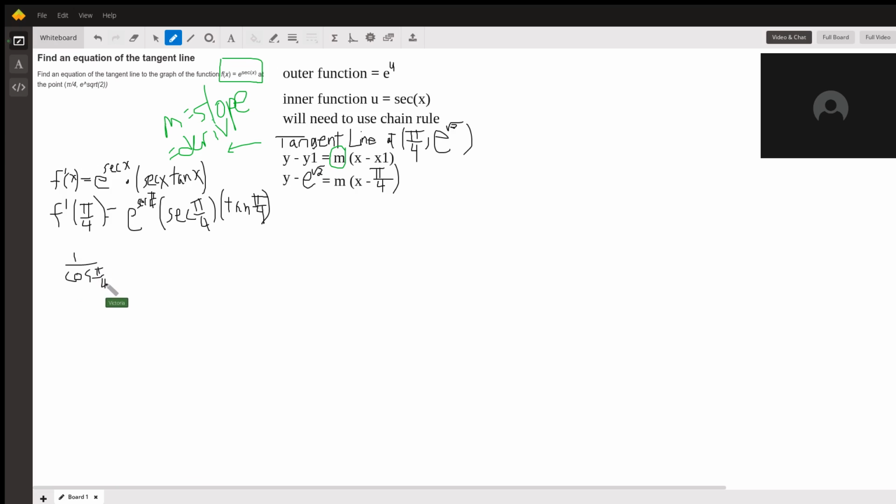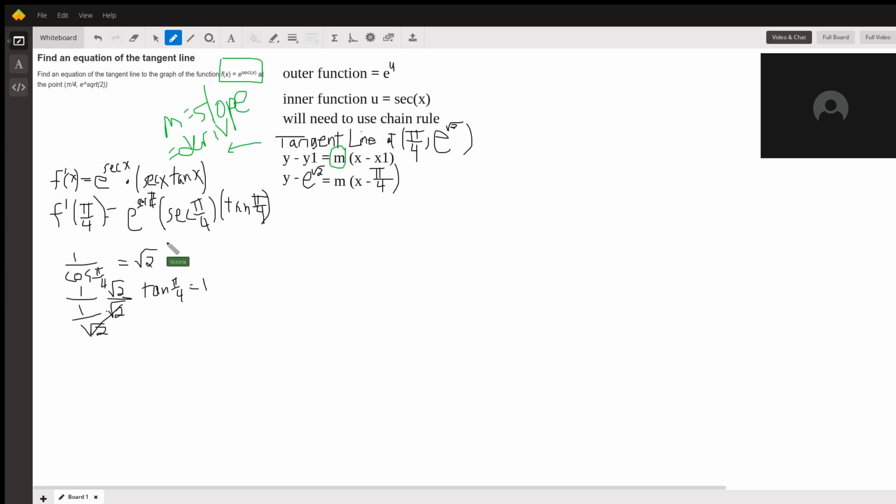And the cosine of pi over 4 is 1 over the square root of 2. And so if we multiply top and bottom by the square root of 2, we find that the secant of pi over 4 is just the square root of 2. So we need that several places. And the tangent of pi over 4, well, that's 1.